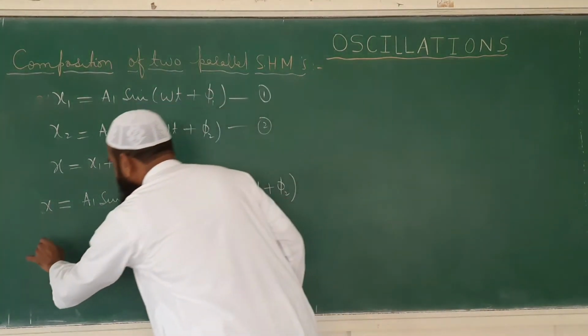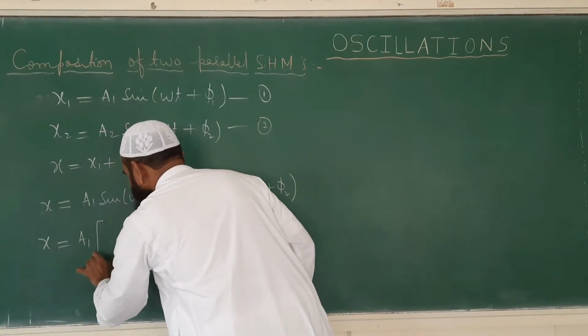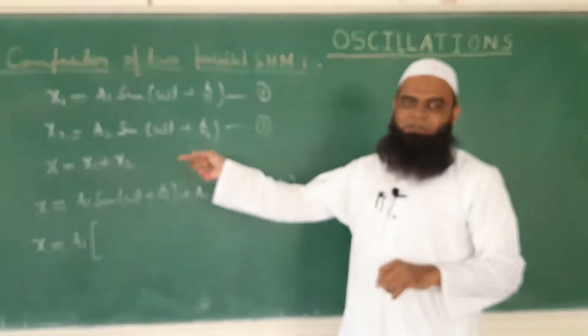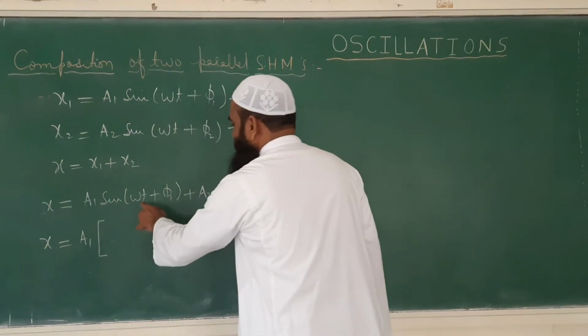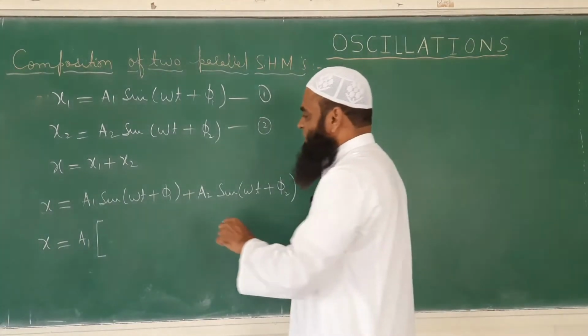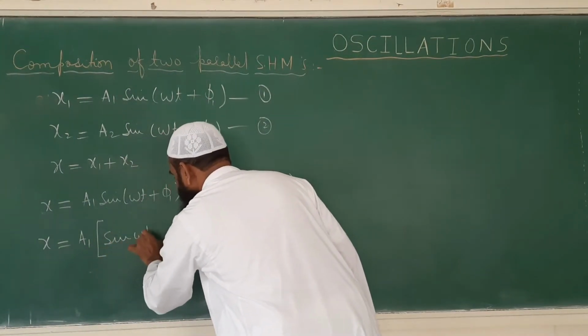So here x equals a1. Now in the square bracket, I will write the expansion of the first bracket by using the formula of sin(A plus B). Here in place of A we have omega t, in place of B phi 1. So sin A cos B, where sin A means sin omega t.